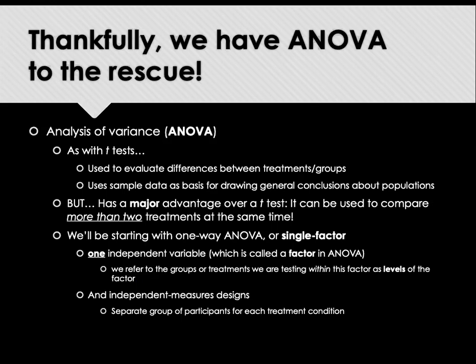Just a preview for chapter 13. Chapter 13 is going to continue talking about ANOVAs, but it's going to be looking at single factor repeated measures designs. So single factor would mean that there's one independent variable, and the repeated measures part would mean that there are the same participants across all three treatments.